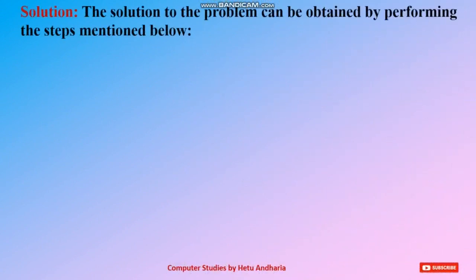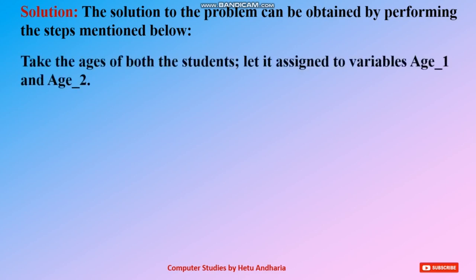First we try to understand the problem before drawing the flow chart. The solution to the problem can be obtained by performing the steps mentioned below. As I told you just now, we will go from simple to complex. Here you cannot draw the flow chart straight away, you will have to think a little bit, right? So how will we solve the problem?